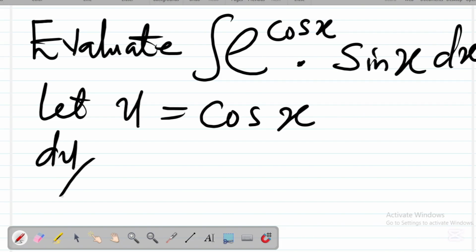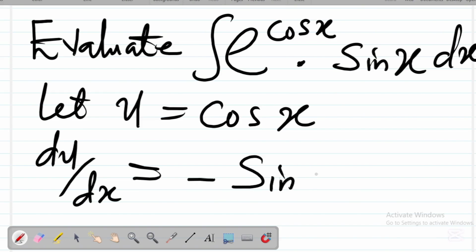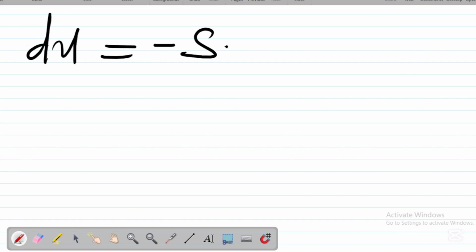So du dx becomes, if you differentiate cos x with respect to x, it will give you negative sin x. So if you simplify further, you will have du equals negative sin x dx. We got du by cross multiplying.